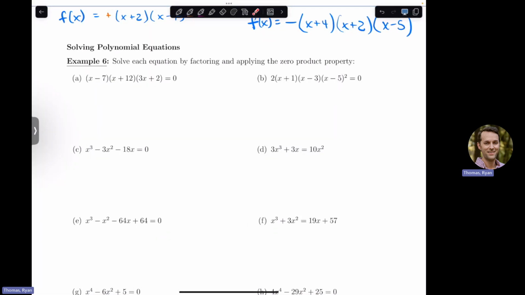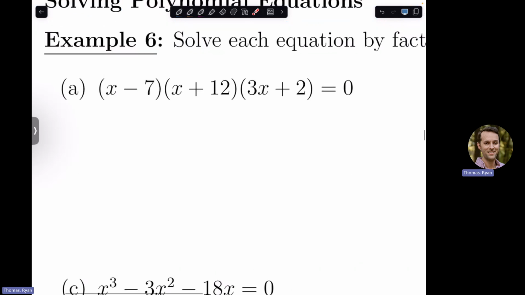Okay, so what can we do on those first couple? We've got one thing times another thing times a third thing, but they are equal to 0. So we have a product that's equal to 0.